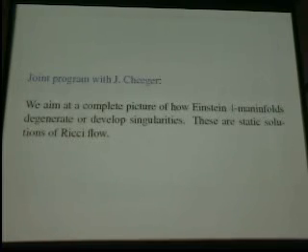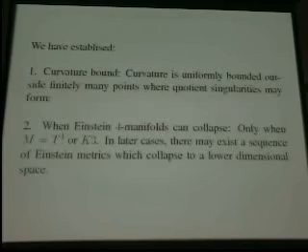In the last couple of years, jointly with Jeff Cheeger, we had a program to try to understand how Einstein four-manifolds degenerate or develop singularities. Those are static solutions of Ricci flow. It's not Ricci flow yet, but it's the first step towards Ricci flow. We basically get two things.